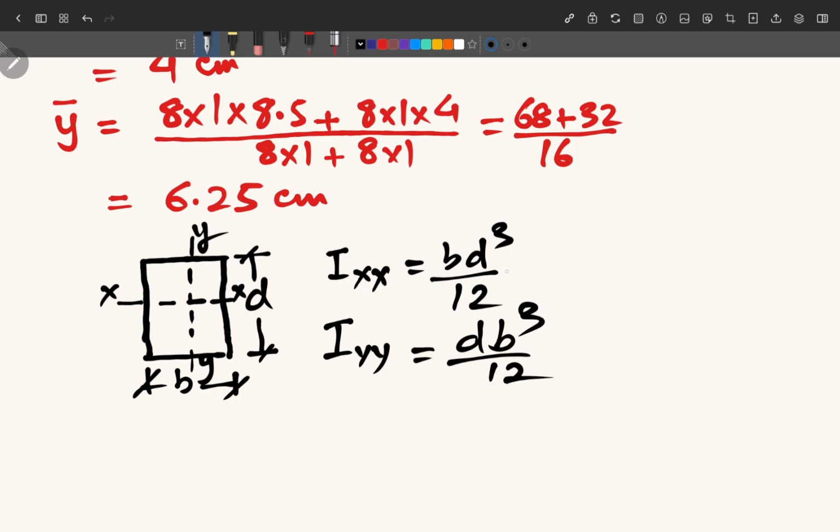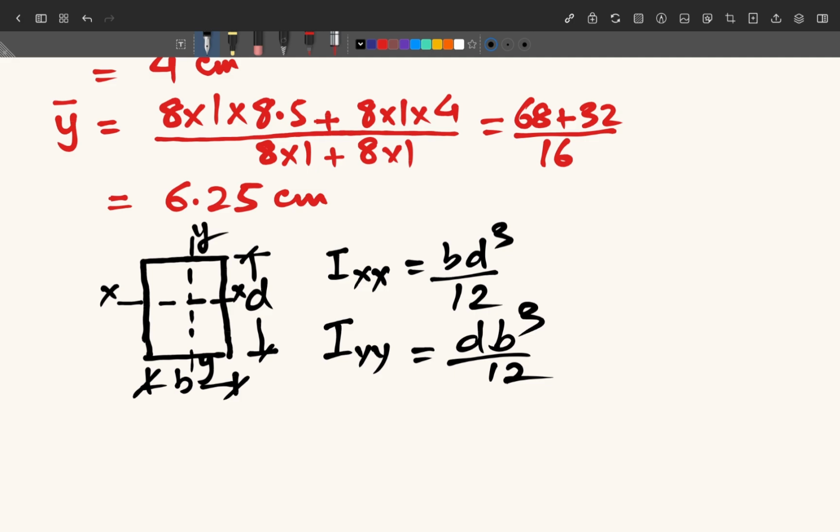Here you can notice that the cube is for that side perpendicular to the axis. In this case, about x-axis, the depth is perpendicular to x-axis, so we have made the cube of d. When we are taking the moment of inertia about y-axis, we made the cube of b, which is perpendicular to this. So this is for an individual, or you can say a single rectangle.